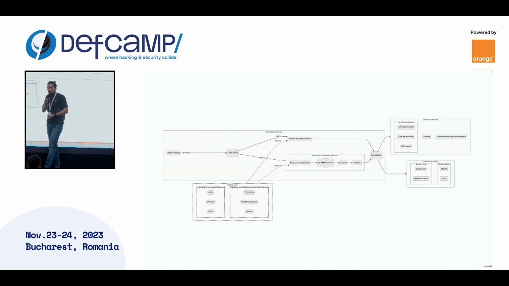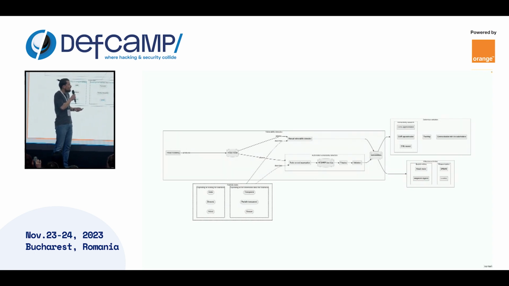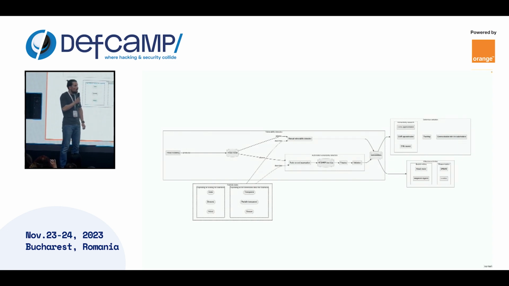And depending on which side of security you are, you can take two approaches. Either to be a defensive person and to do some vulnerability research, for example, CVSS approximation, CWE approximation, and CVE request from a qualified organization, and after that patching and communication with stakeholders.